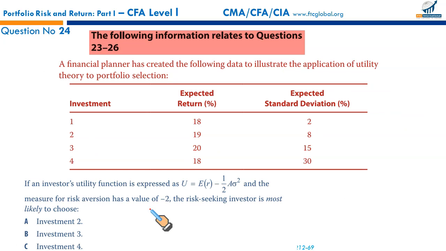Next, a financial planner has created the following data. Same question. If an investor's utility function is expressed as this and the measure of risk aversion has a value of -2, the risk-seeking investor is most likely to choose which of these investments? Okay, so let us write down our utility function right here.